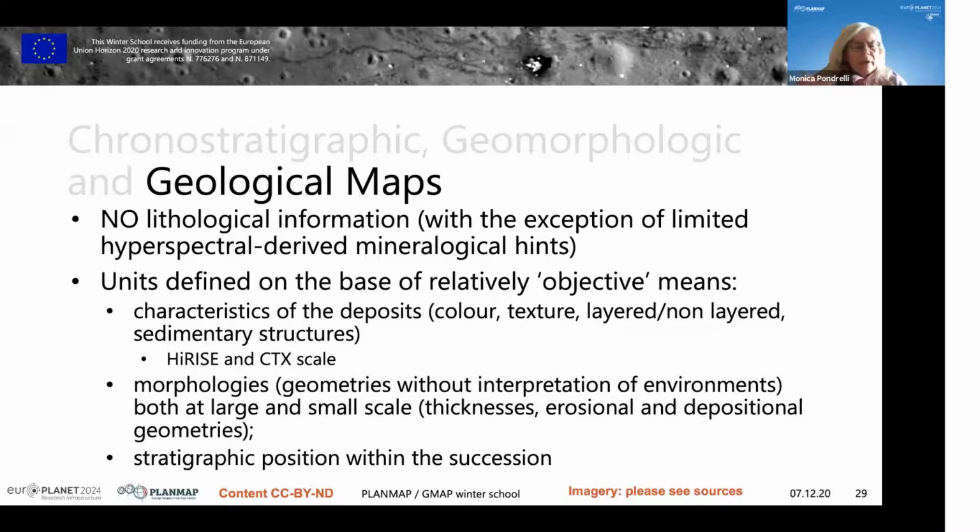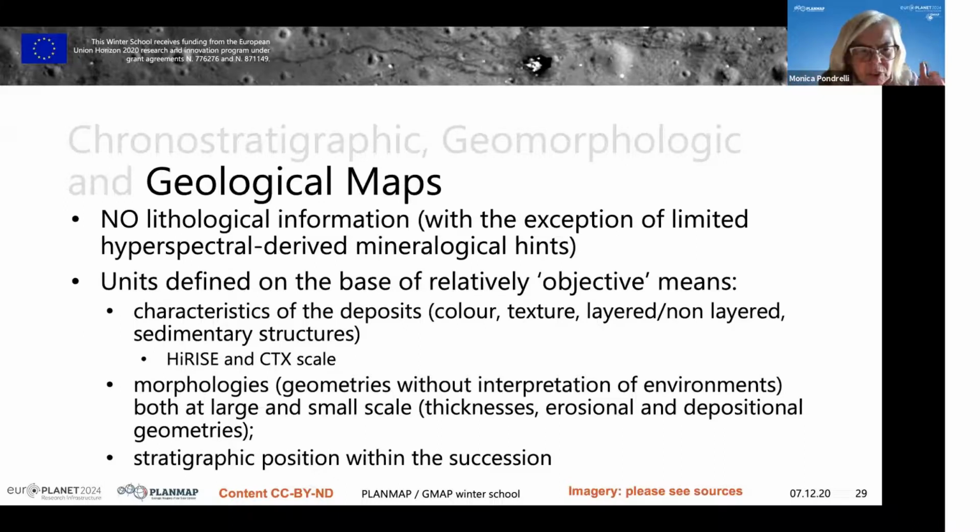Of course, there are matters of discussion, but everything is structured in a way to be as objective as possible, in order to be the basis of all the future analysis. So we could translate this concept to Mars, and this is true even for other planetary bodies.